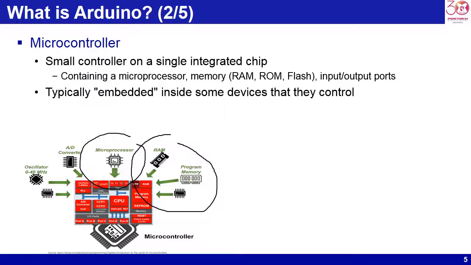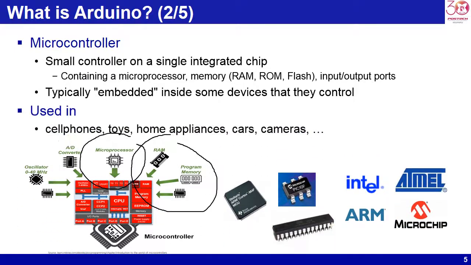It is usually embedded in a device to control the device. It is used in many embedded systems such as smartphones, toys, household appliances, mobile platforms, automobiles, cameras, and so on. Companies such as Intel, ARM, Atmel, Samsung have been producing microcontrollers.